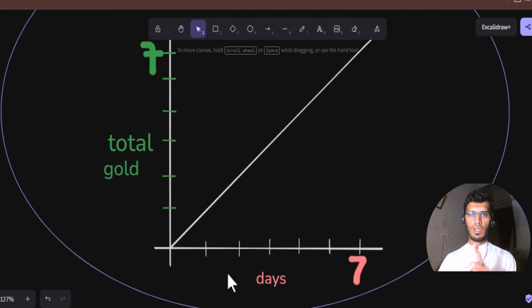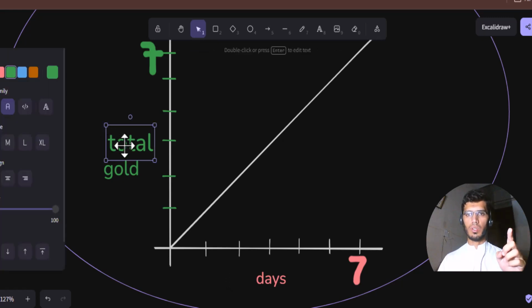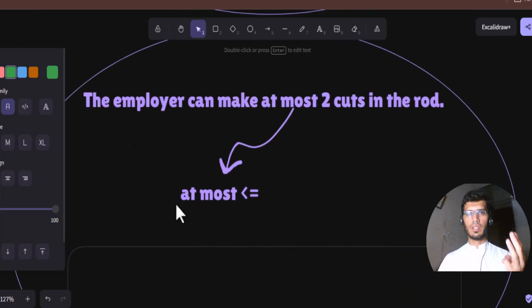On day one you give him one unit, so that the total gold present with the employee is 1. Similarly, on day 3 the employee would have a total gold of 3 units.